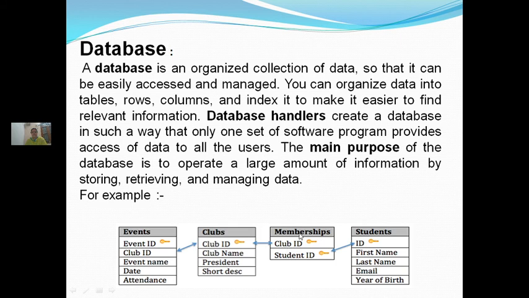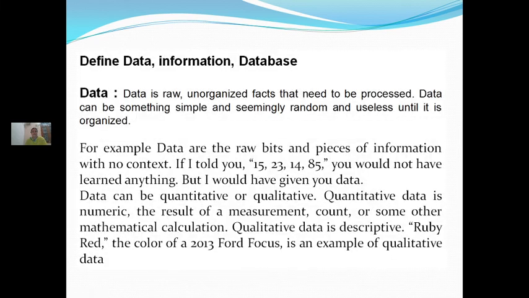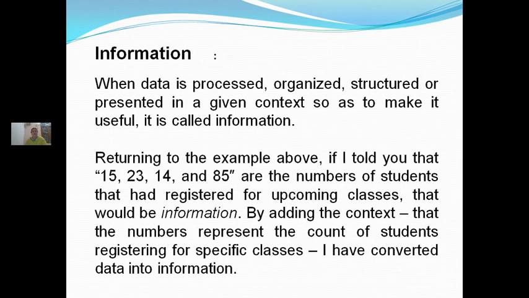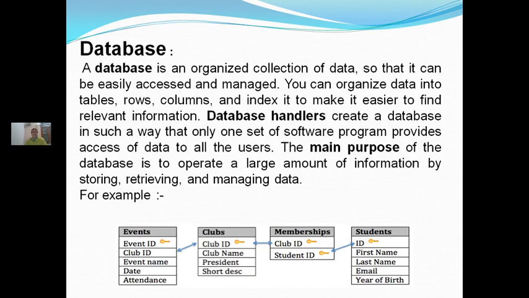Next, membership has club ID and student ID. Then you have the students table, which contains the fields ID, first name, last name, email, and year of birth. Okay, students, so these are the definitions of data, information, and database. So what is a database?